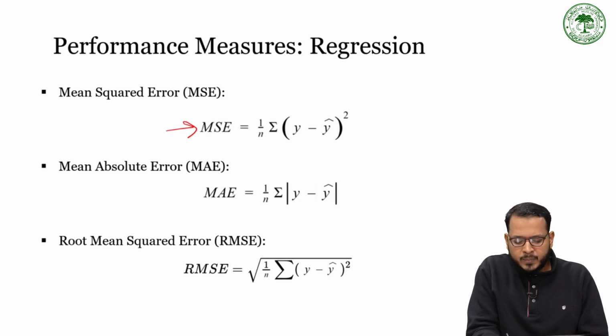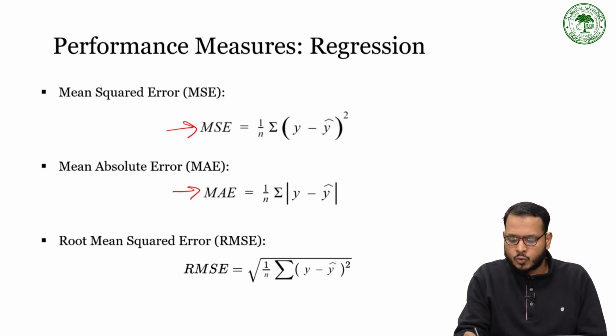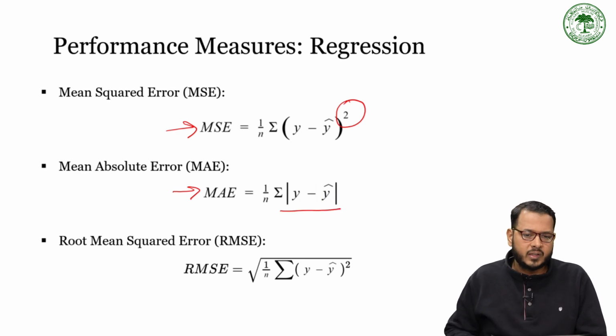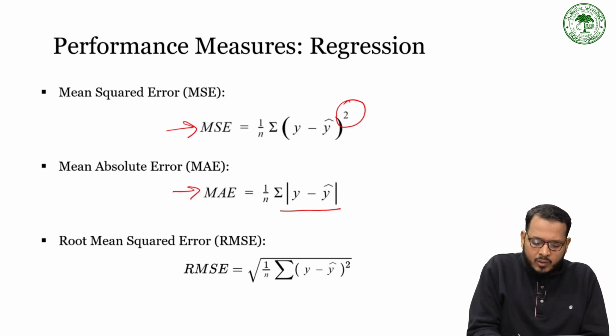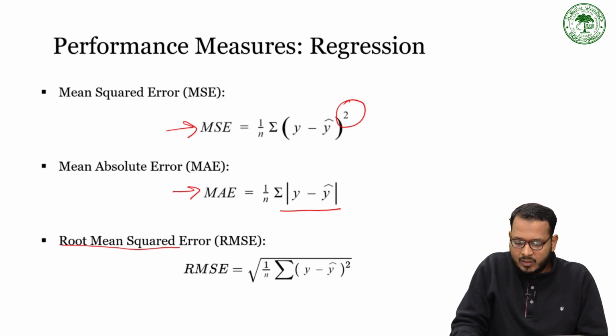There is also mean absolute error, called MAE, where rather than calculating the square of the difference like in MSE, here we calculate the absolute value of the difference between the actual value y and the predicted value y cap. We also have a measure called root mean squared error, RMSE, which is the square root of MSE. So we can also write it like this.